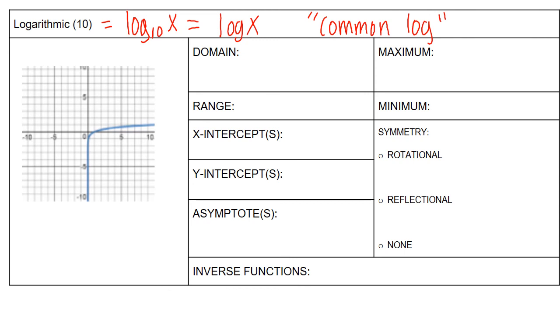Okay, so when I look here, everything is still the same. I have a vertical asymptote. I have my x-intercept. And now, instead of having 1, 10 as a point, I have what? Instead of 1, 10, because it's the inverse, I have 10, 1.